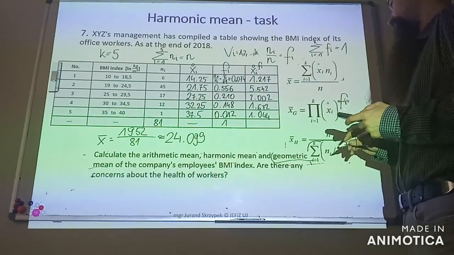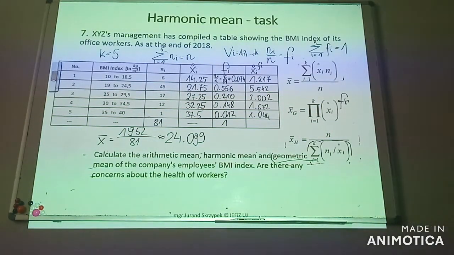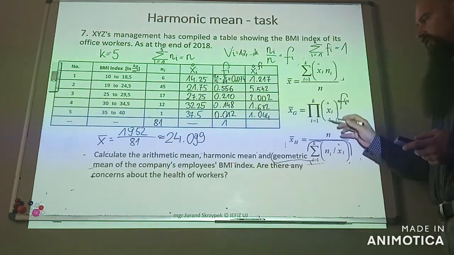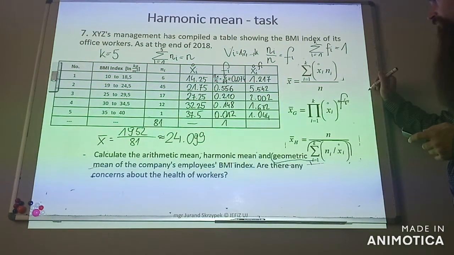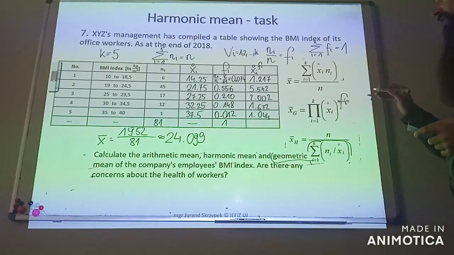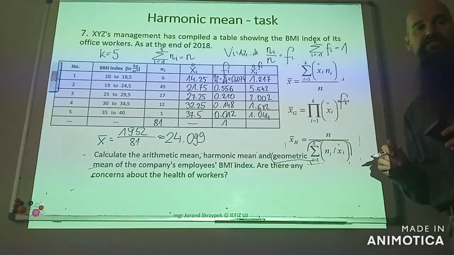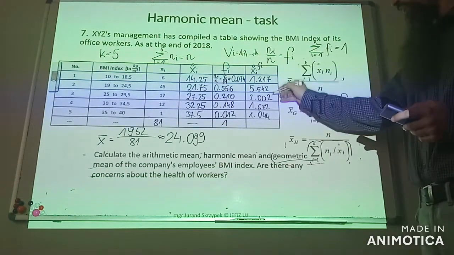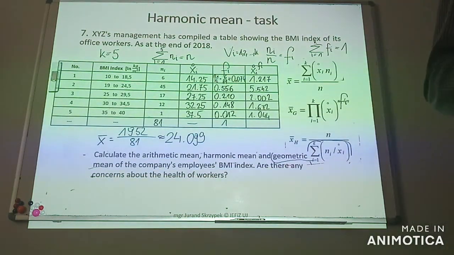Okay, and now we need the product. Earlier we operated with the operator of the sum. Here we have the operator of the product. So we need to multiply all the values that are placed in that column.